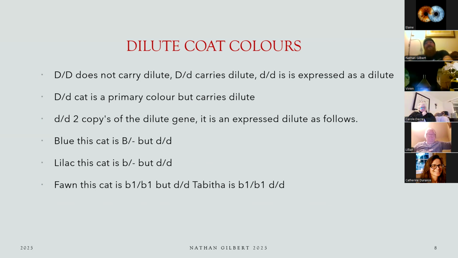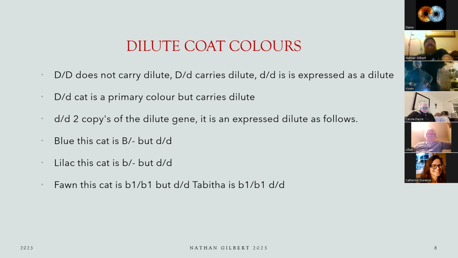So your usual queen that sometimes has some blue kittens, she has to be big D, little d. And if she is in fact dilute herself, she's a blue cat, she'll be little d, little d. So she'll be black, black, but then little d, little d, making the black blue. It is a dilution.